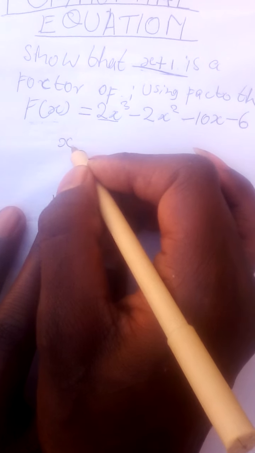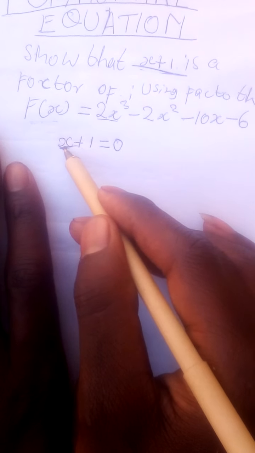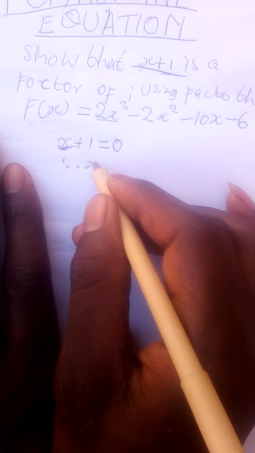We know that when we equate something, we equate to 0. Why are we doing this? We are doing this to get the value of x. So we are left with x equals -1.